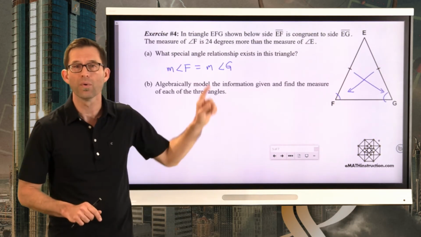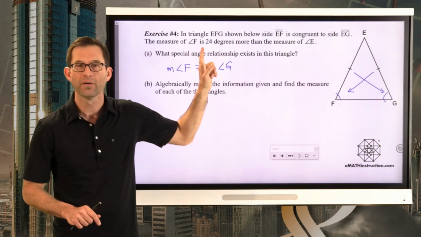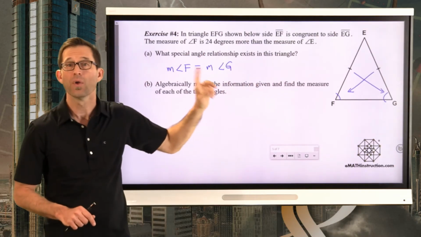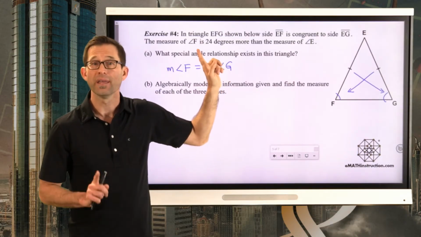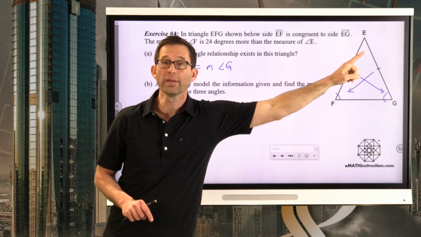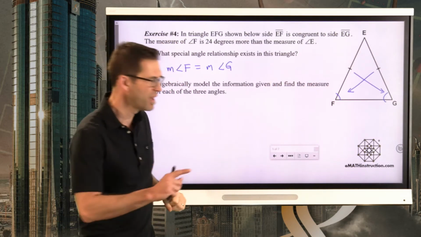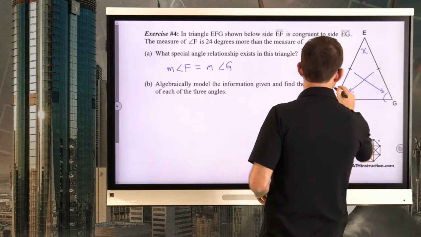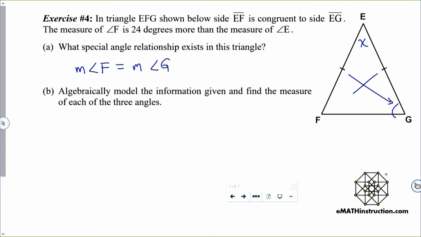Well, what we know is that the measure of angle F is 24 degrees more than the measure of angle E. Again, right, angle F, its measurement is based on angle E. So I'm going to let angle E be that X, right? I'm going to let that be that variable. Now what that tells me is that the measure of angle F must be X plus 24.